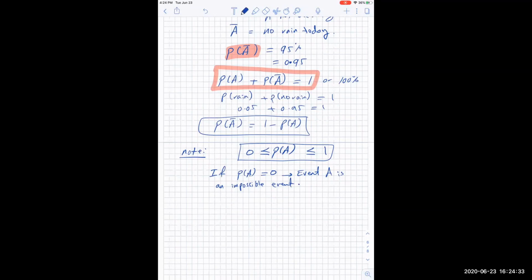And if the probability of event A is exactly equal to 100%, then this event is called a certain event. It is for sure going to occur in the future.